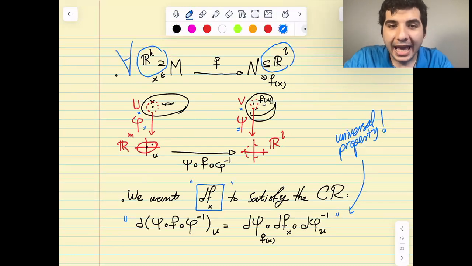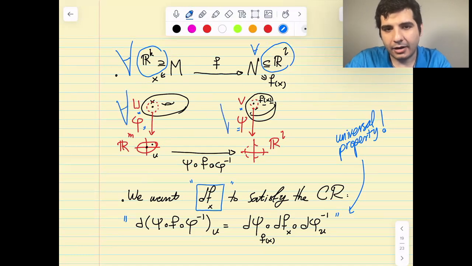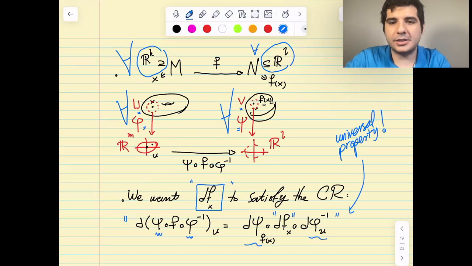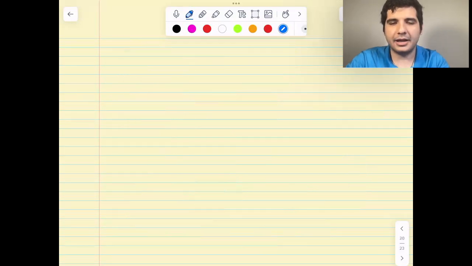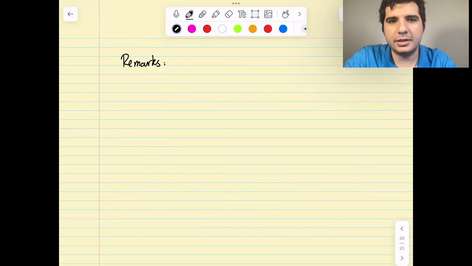We are saying for any embedding of M in any R^k, for any embedding of N in any R^l, for any open set U and map phi, for any open set V via map psi, for any such choices, d of f of x should satisfy this property, not for any fixed one. Nothing is fixed. For any embedding and any coordinate map, d of f must satisfy this equation. This would define d of f. That's a good thing to practice, to see why this uniquely determines what the derivative should be.